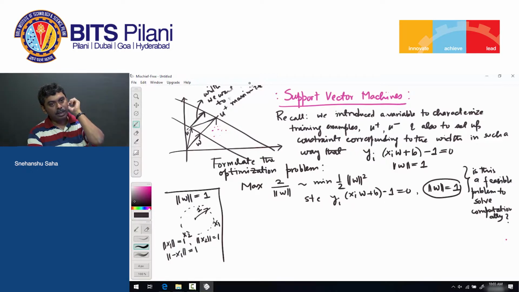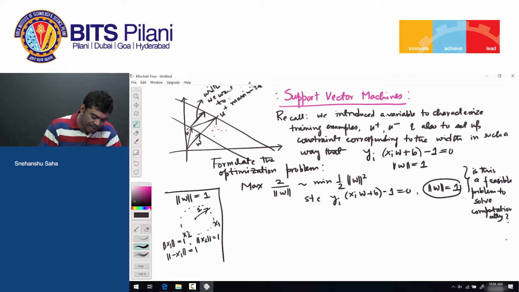Also, since it's a norm, I could also have negative x1 with norm equal to 1. Now, if I take a combination of these two, if I add x1 and negative x1, I should get a line segment, right? Where does that line segment lie? If you add, you can easily see that it has to pass through 0. Let's say this is x1, this is negative x1.